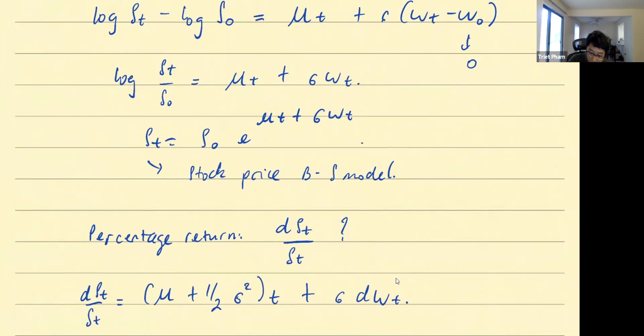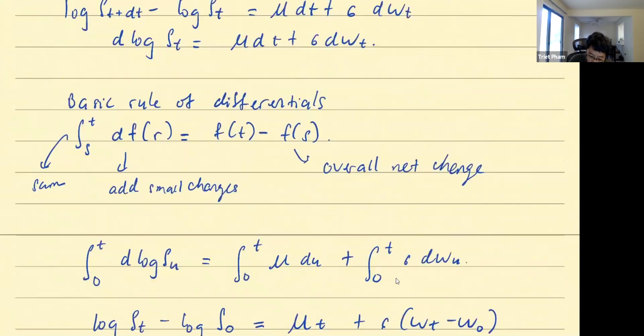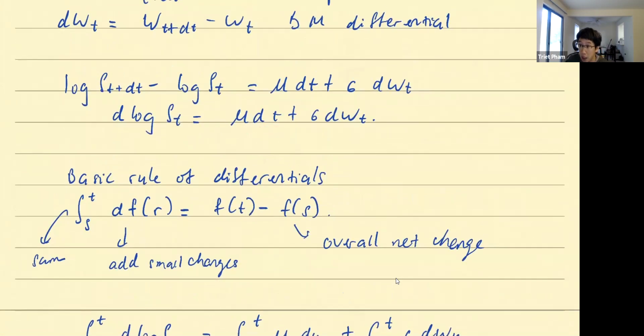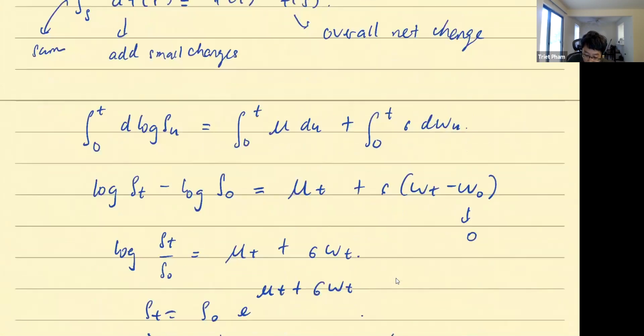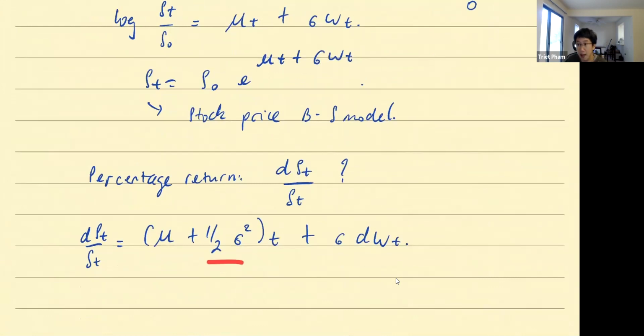In other words, percentage return is always higher than log return. The higher average rate is exactly 1/2 times the volatility squared, or 1/2 times the variance. So why? That is the goal of developing the stochastic calculus rules. We'll get there later.